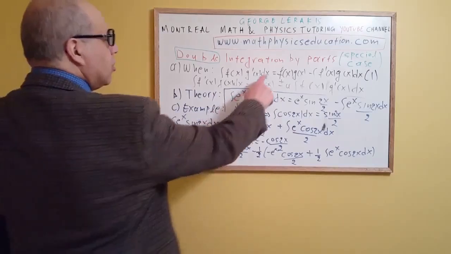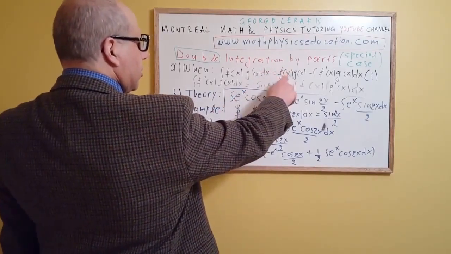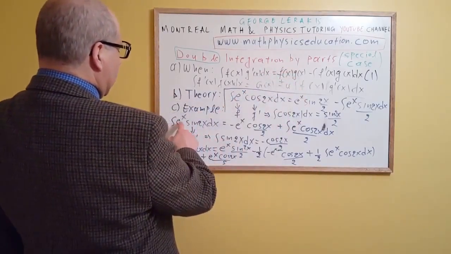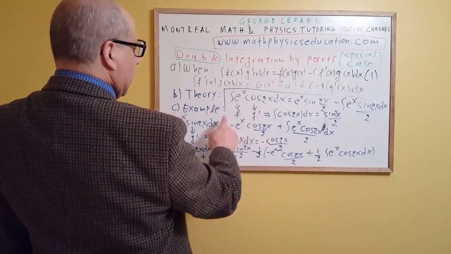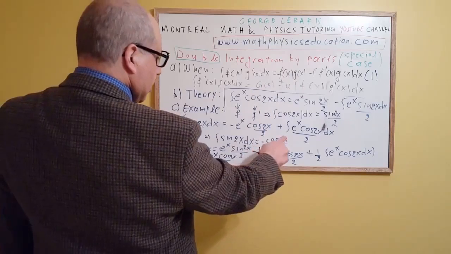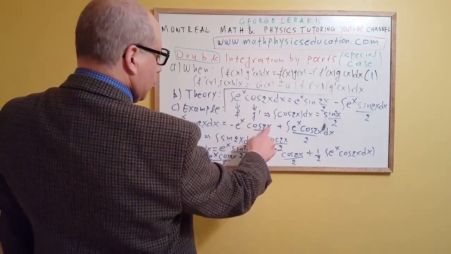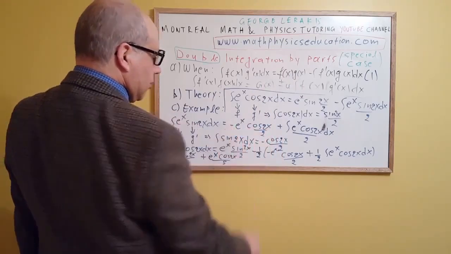Then if we continue with the integration by parts rule, that should be equal to f of x, which is e to the x, times g of x, which is this here, so that should be minus cos 2x over 2. That's why the minus comes here.